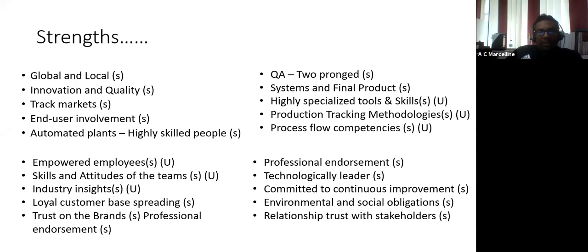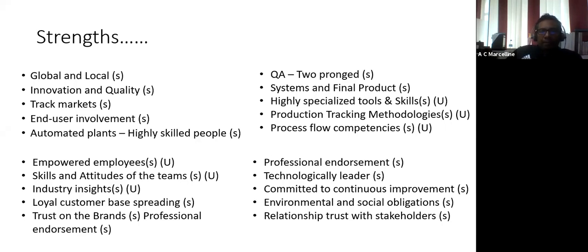Environmental and social obligations. The organization is quite strong in environmental and social obligations. They gave an example of that. Social obligations are also there. They are contributing 100 million for the COVID fund, which is welcome to see. And there is also a trust relationship with the stakeholders.